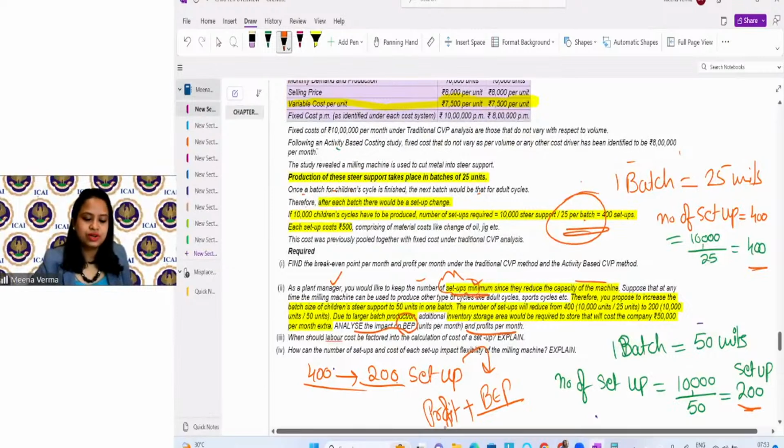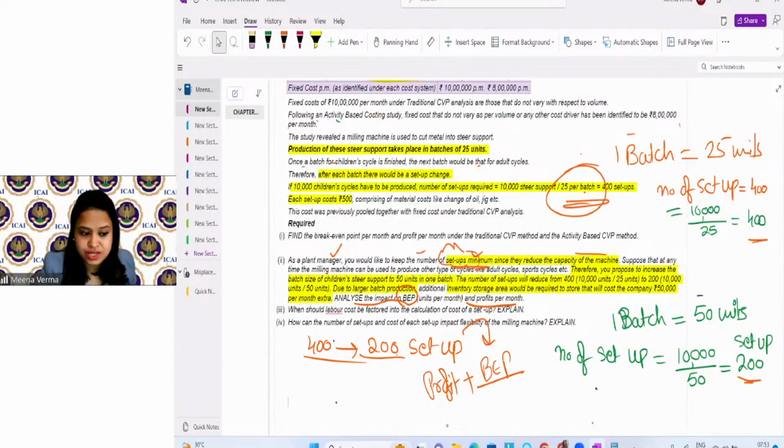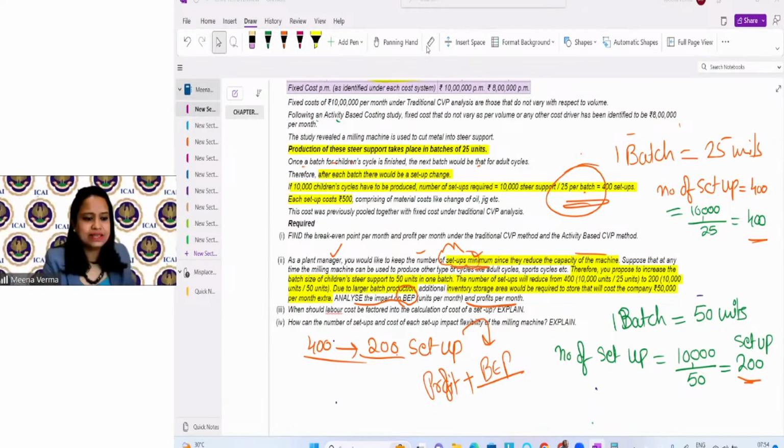Just try to do it. Find the break-even point, and find the profit if they have reduced the number of setups. Do it. Solve it.